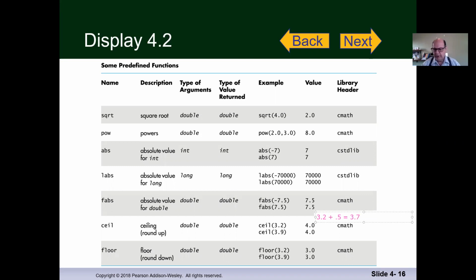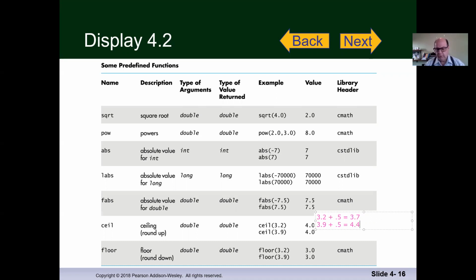The floor of that is going to give me 3. And if I have 3.9 and add 0.5 to it, that gives me 4.4. The floor of that is going to give me 4, which is the rounding point.